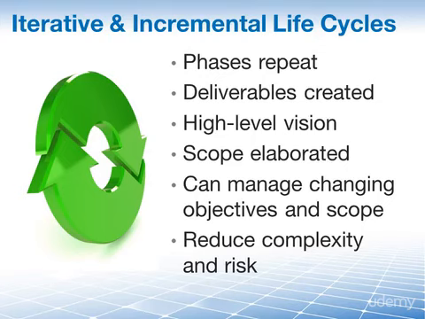Iterative and incremental life cycles are often chosen by organizations who know that they need to manage a changing scope or changing objectives. Extreme programming is an example of an iterative life cycle based approach.